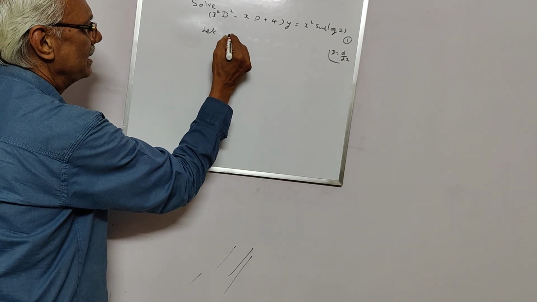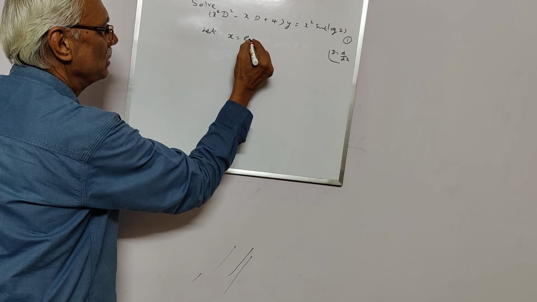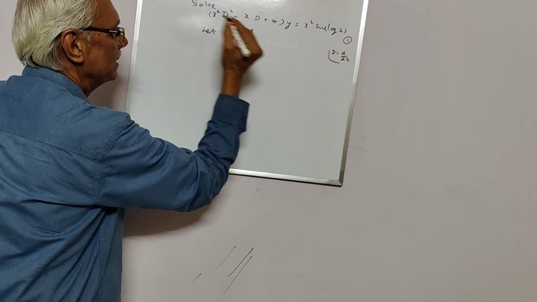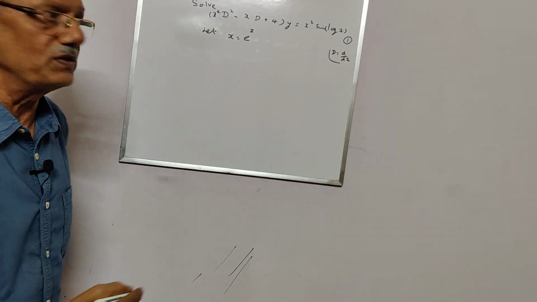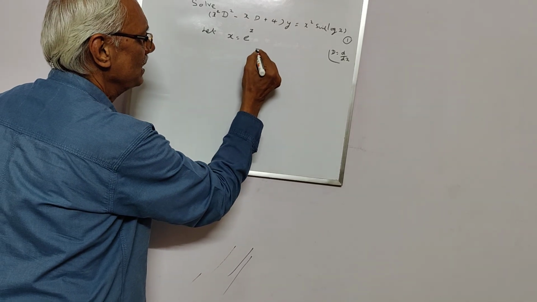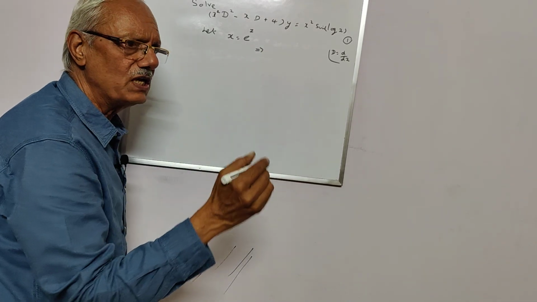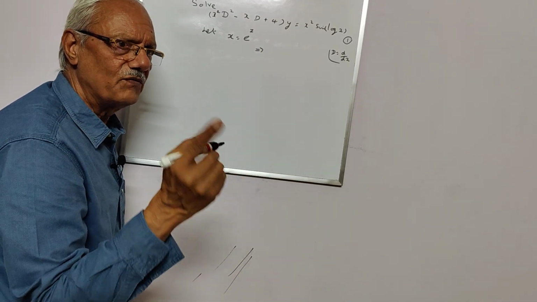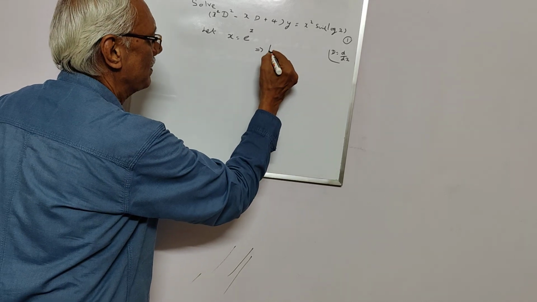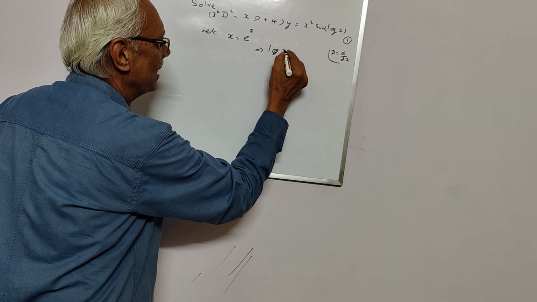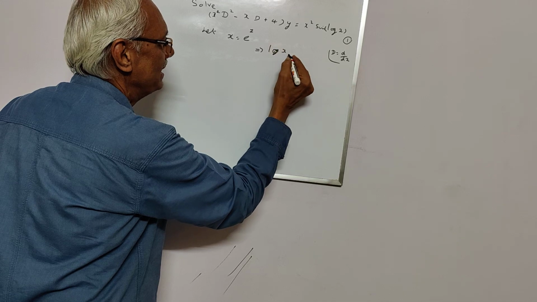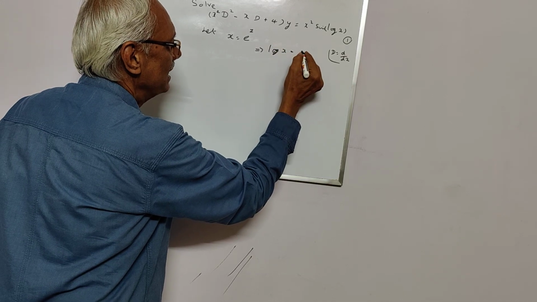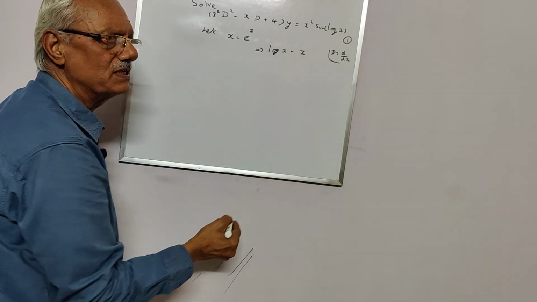Let x be equal to e to the power of z. I'll take x is equal to e to the power of z. So you take log on both sides with base e, so that this will become log of x to the base e is z log e to the base e, which means z.